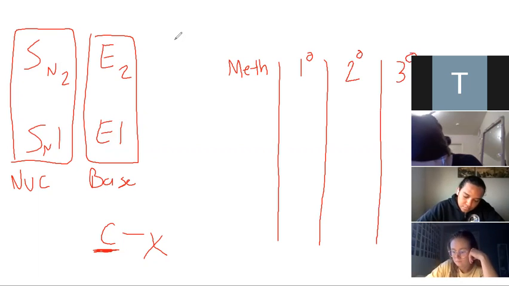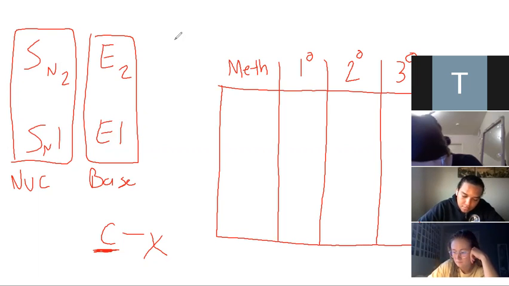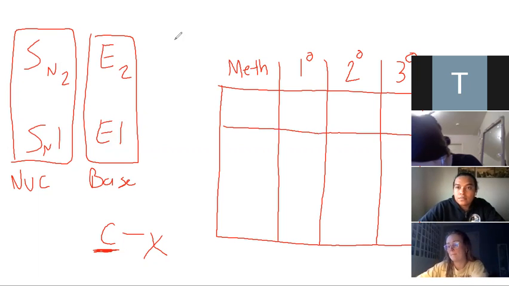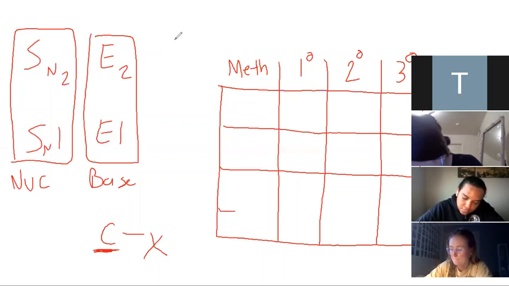And the reason why we do this is that this is the most important thing to tell what reaction is happening, because if you know what type of carbon has your leaving group, you can tell what type of reaction is possible. It limits what type of reactions you can have.